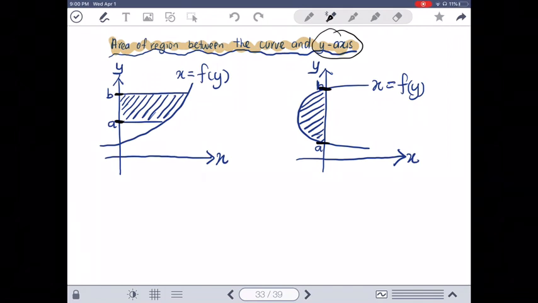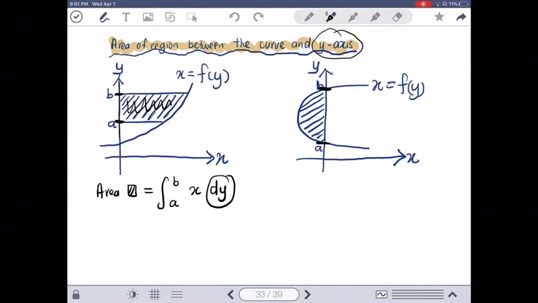So if we have this kind of case, with a curve and the y-axis as boundaries, then the area of shaded region is just equal to integration from a to b of the function x with respect to y. With respect to y means that the boundaries lie on the y-axis. Okay.